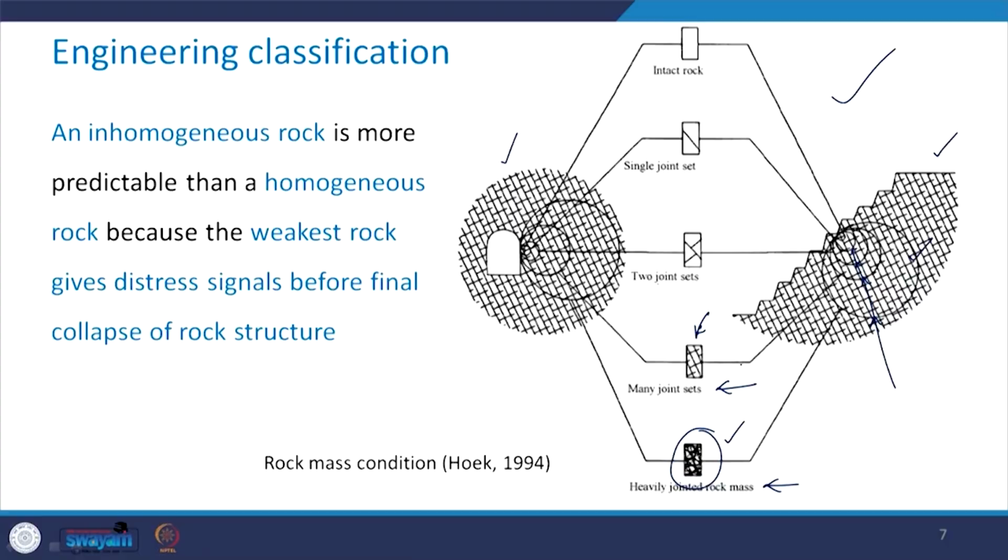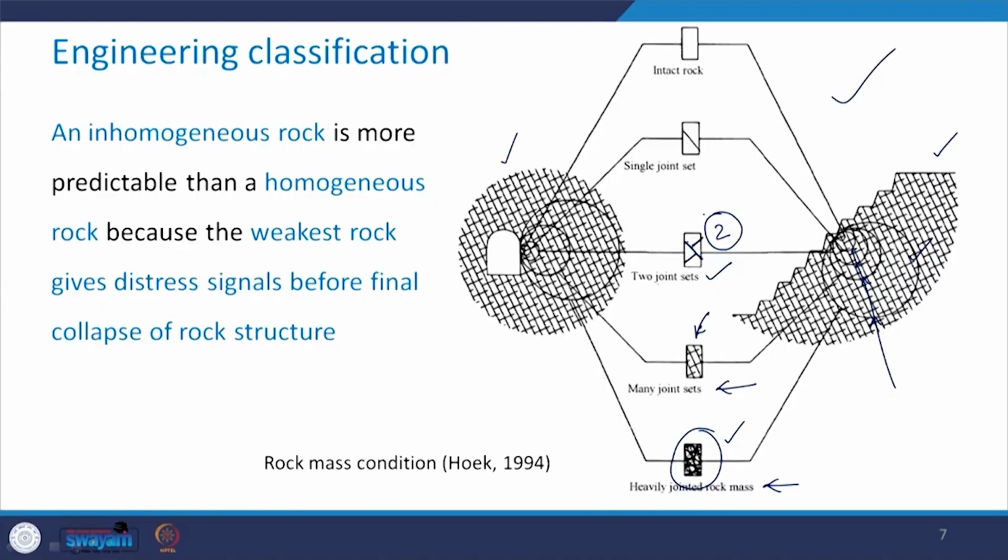You further reduce the size of the circle in such a manner that there lie only two joint sets. So you can see that this is one joint set and this is another joint set. So there are only two joint sets in this case.